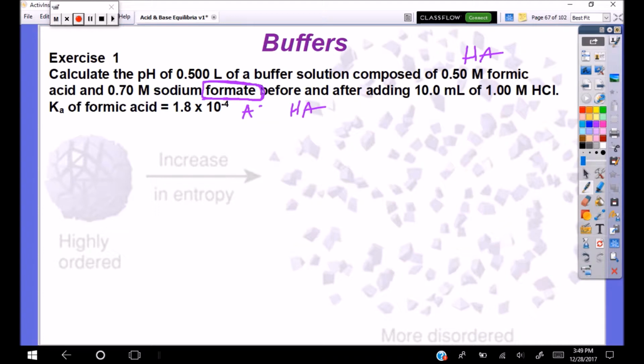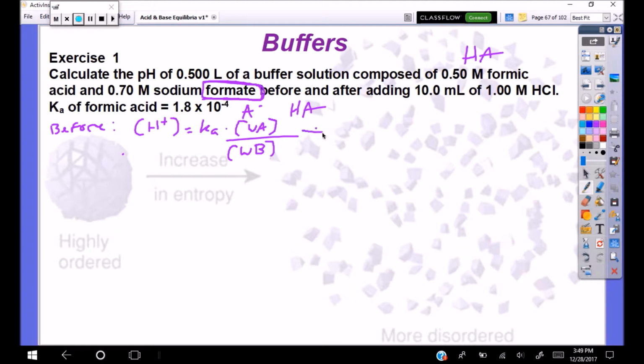So if we're looking at before, we know that for the before reaction, we have H plus equals the Ka times the concentration of our weak acid over my concentration of my weak base, okay?